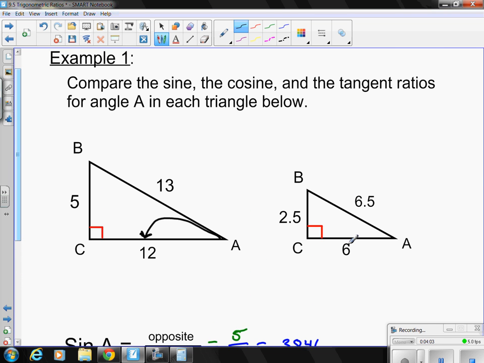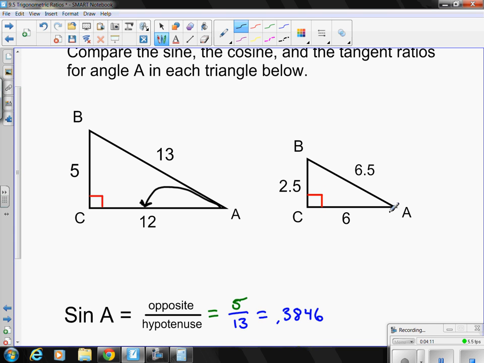Now if we do the same thing for this triangle, the sine of this triangle, it's a different angle A, but we'll see what the sine of that is. It's opposite over hypotenuse. The hypotenuse is my longest side, always across from the right angle.